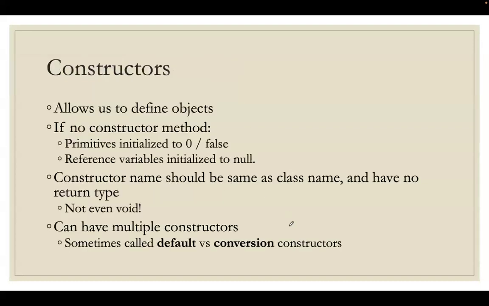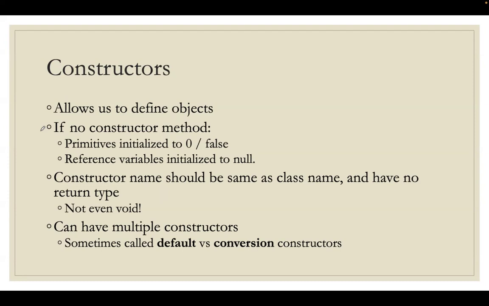And before we do that, constructors, we've talked about them a little bit. Constructors allow us to actually define objects, to instantiate them, to take them from this abstract, like lines of code, to an actual object that we can manipulate and do things with. And so the constructors allow us to set up the fields in the class.